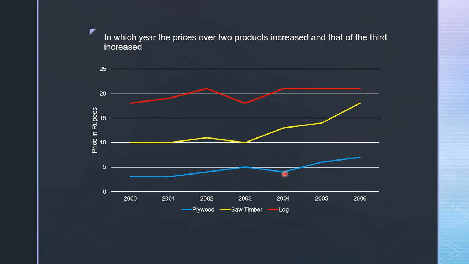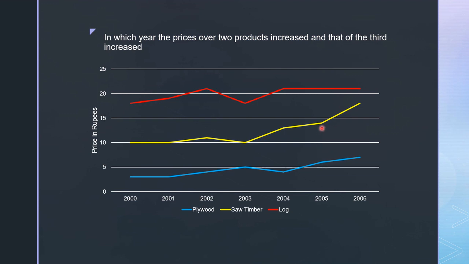the plywood value is 4. Next, the saw timber value is 13, and the log value is 21. So here a decrement also occurs in the plywood section. Okay, if we consider the 2005 graph, the value is 6 for plywood.